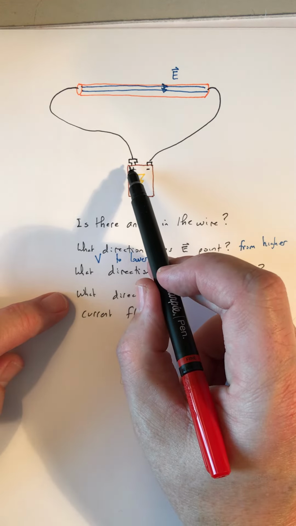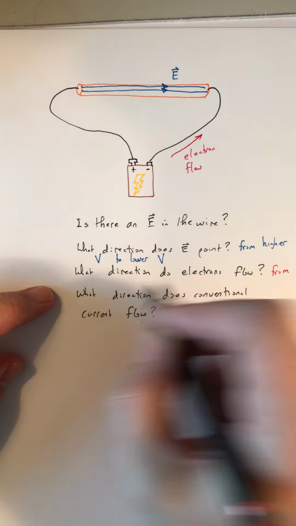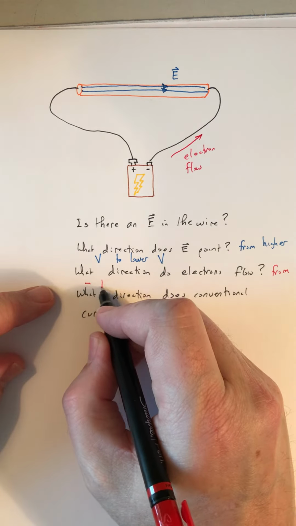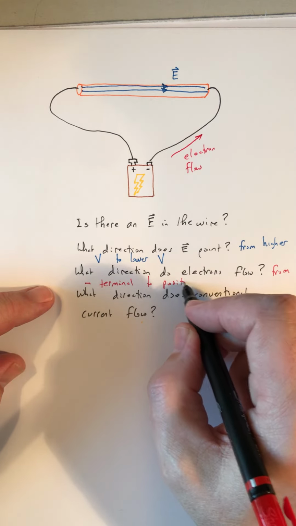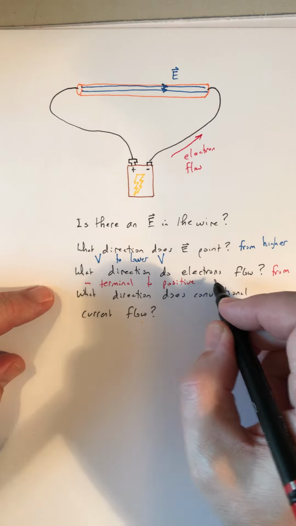So the electrons flow from negative terminal to positive terminal. So that is the actual charge carriers that are in a conductor. We sometimes might call this the physical current. So the physical current is going to go through the conductor from the right end to the left end.